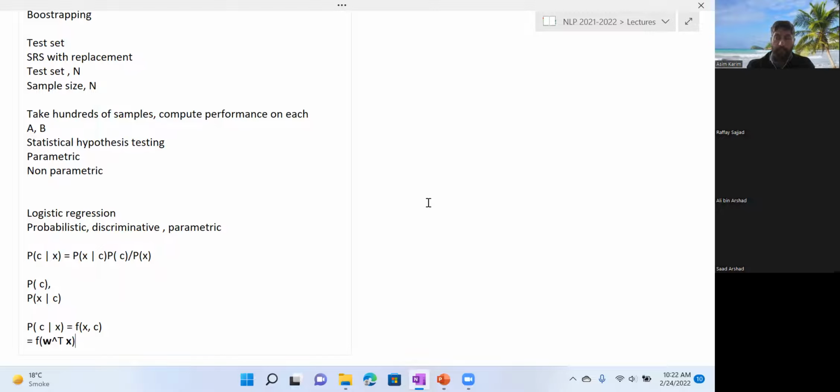So this kind of dictates what f can be. The function f should always output a value that is bounded on the upper side by 1 and on the lower side by 0. And one such function that satisfies this is the logistic function, or sometimes also called the logistic sigmoid function.